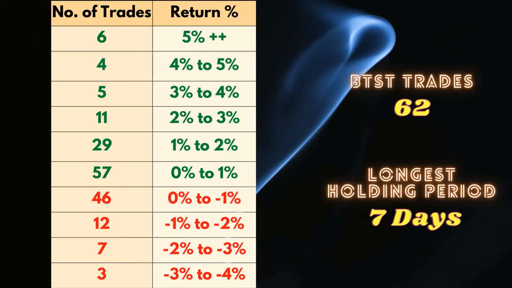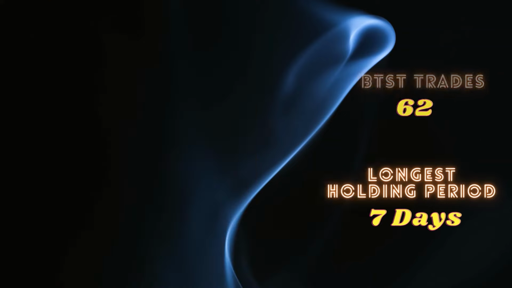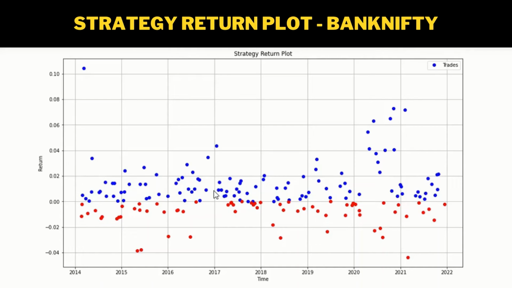We had a total of 62 BTST trades, and the longest holding period was 7 days. There were 2 trades after which we received consecutive trading signals, and hence we had to hold our position for 7 days. The plot in front of you is a visual representation of the returns generated by the strategy.